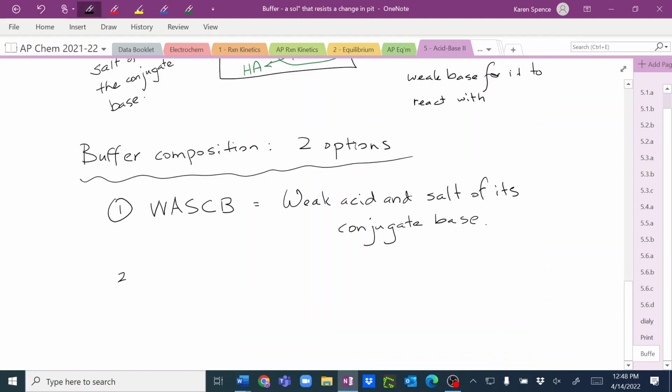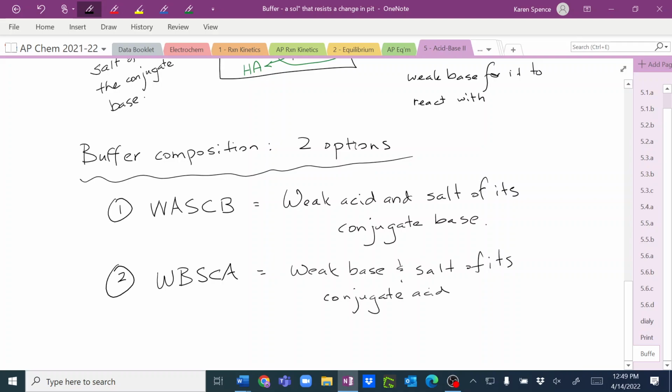And the second one, a weak base and the salt of its conjugate acid.